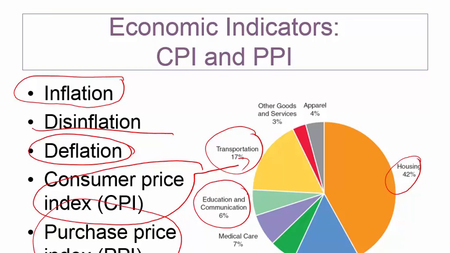But we would include lumber in the purchase price index because that's the raw material that goes into building the house, right? Okay. So which one do you think is going to be a more leading indicator of inflation? Consumer price or purchaser price?